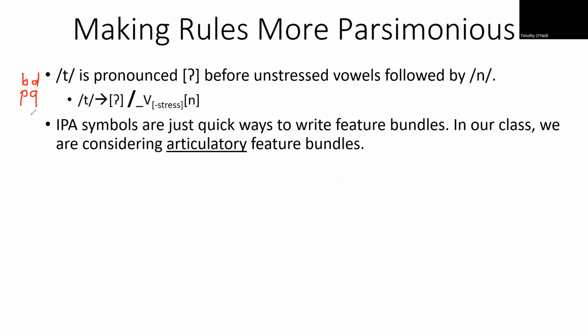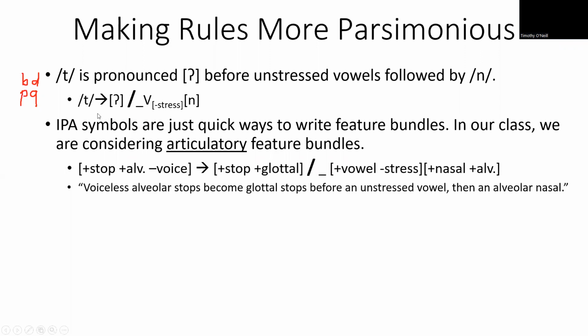But IPA symbols are not the bottom level. Remember, I said you can say an IPA symbol, but you can also always say the full featural description. So that's what an IPA symbol is. So when you say T, you're at least saying plus stop, plus alveolar, minus voice. Minus voice is a way to say voiceless, right? And when you say glottal stop, you're saying plus stop, plus glottal.